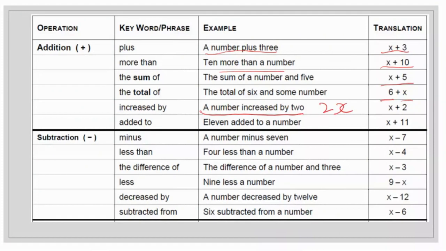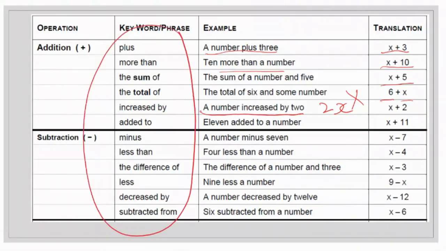So make sure to understand this language, because there could be a misconception whereby you think that, because you are saying a number is increased, any number is going to be increased, but here it is not doubled, it's increased. When we are saying increased by, that's why you must keep these keywords in mind, so they can help you with your misconceptions. Because when they say a number is increased by 2, I can easily think it's 2 multiplied by that number, but no, it does not mean that.